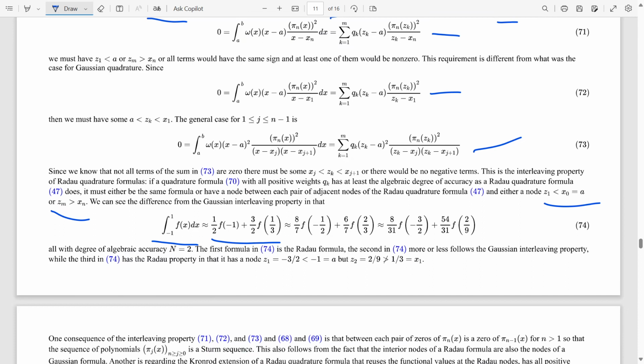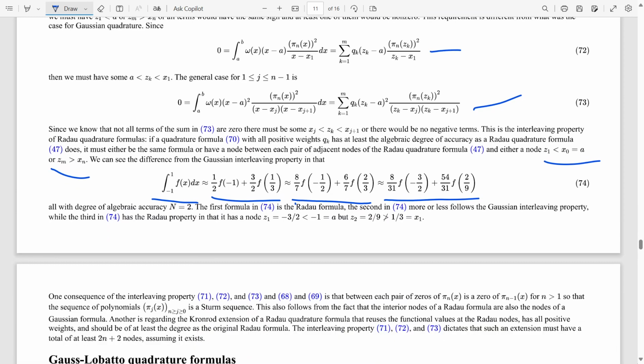And it has an extra node, so now this formula here has an extra node after xn, and this one has its extra node before x naught. And all of these formulas have algebraic accuracy n equals 2, and all have positive weights.